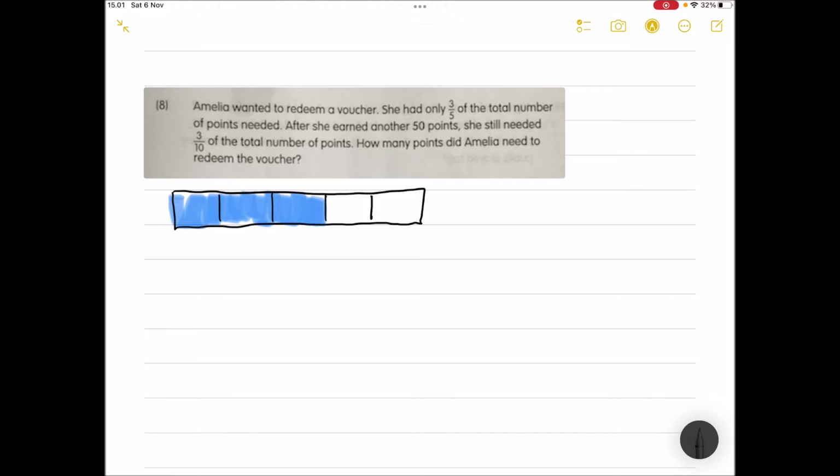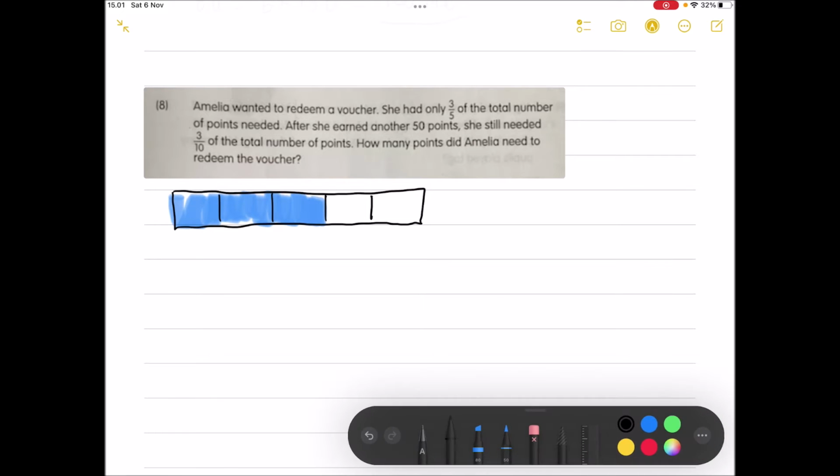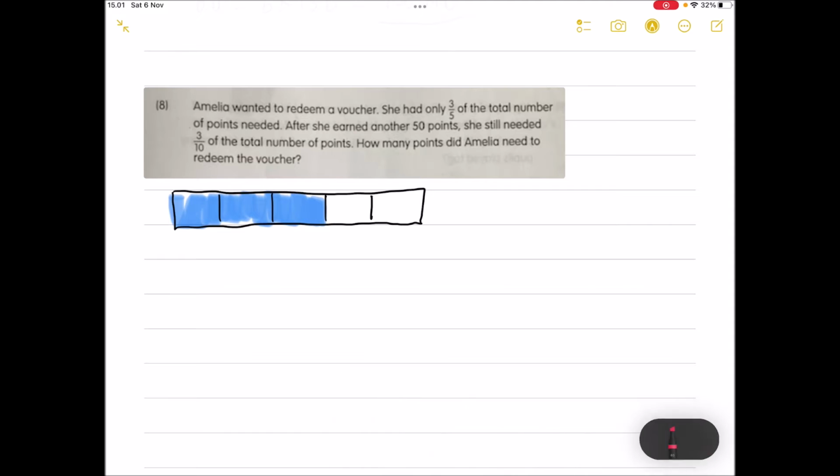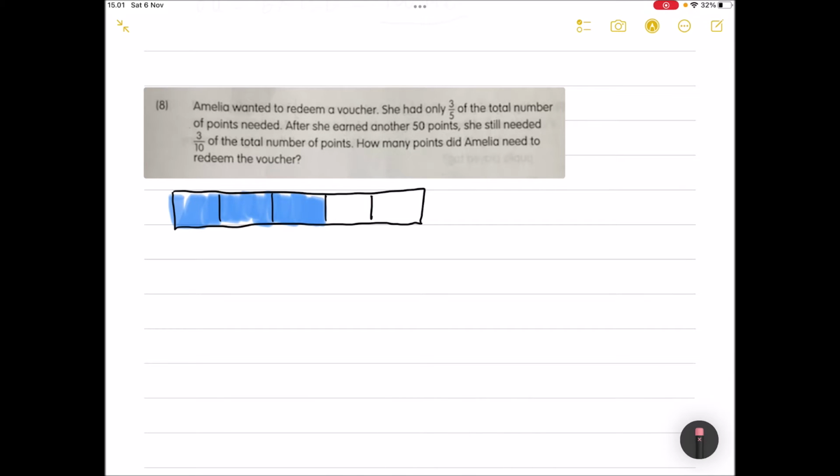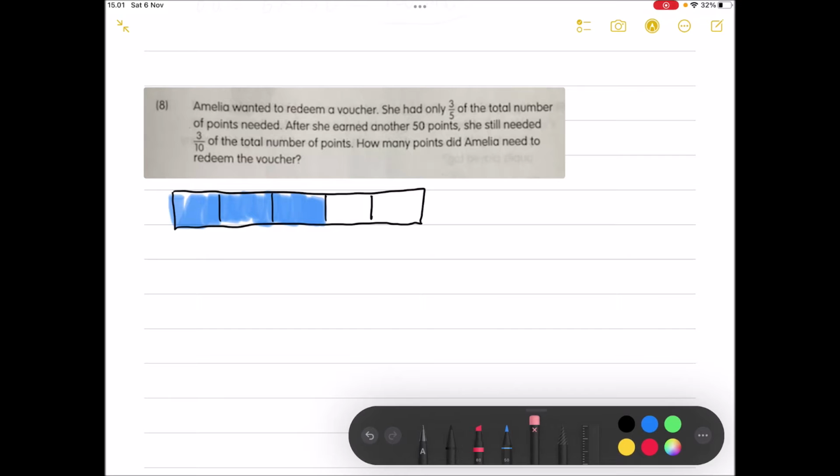Maybe she gets this much, maybe this much, maybe all of them. We never know how much it is in a unit. But we know it's 50 points and the rest is 3/10.